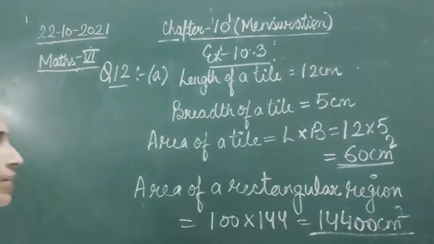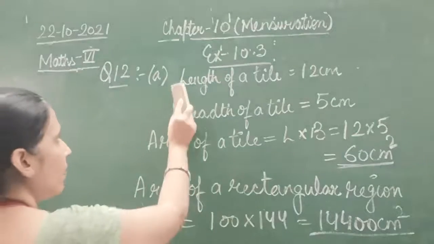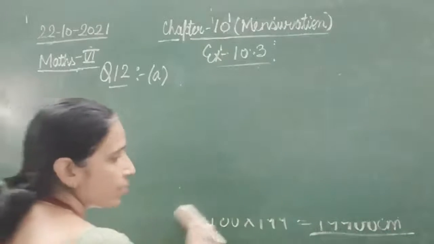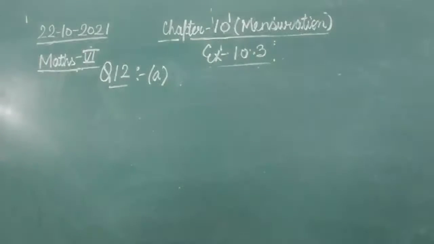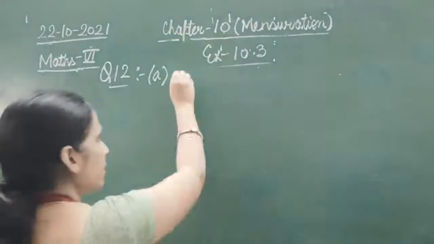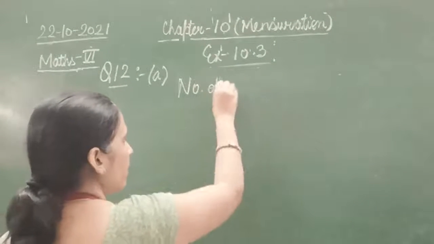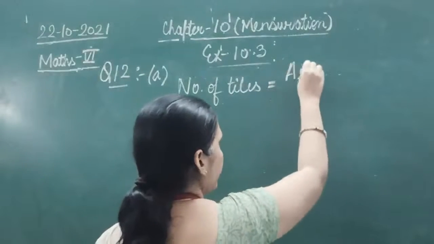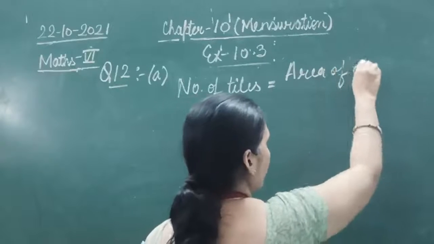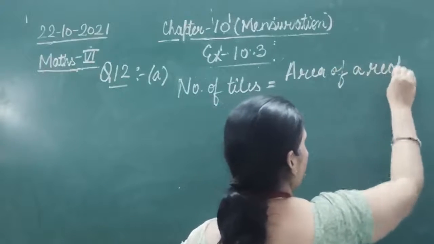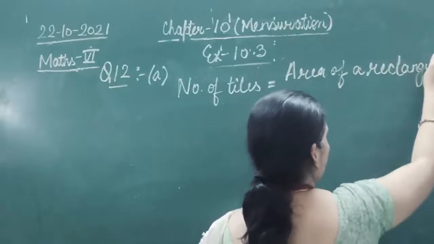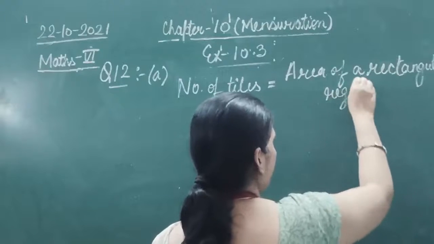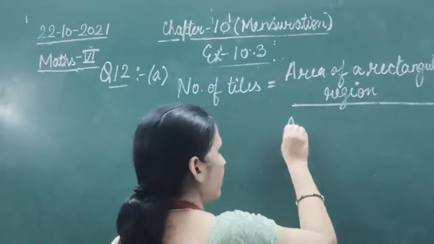So how are you going to find out the number of tiles? What we are supposed to do: the area of the tile we have found, the area of the rectangular region or rectangular room we have found out. So the number of tiles will be equal to the area of the rectangular region divided by the area of a tile.